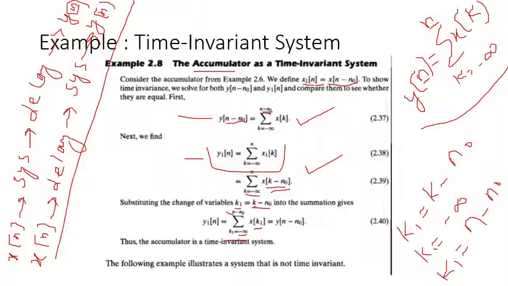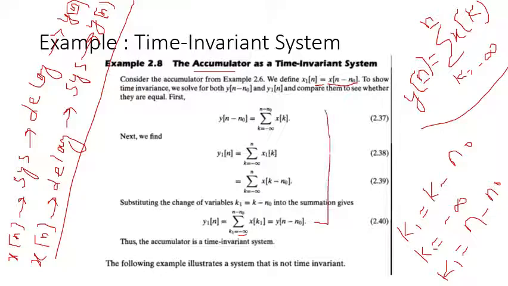So we have seen that we get this expression. If you see, this and this both are equal. This is delay at the output, and this is delay at the input.